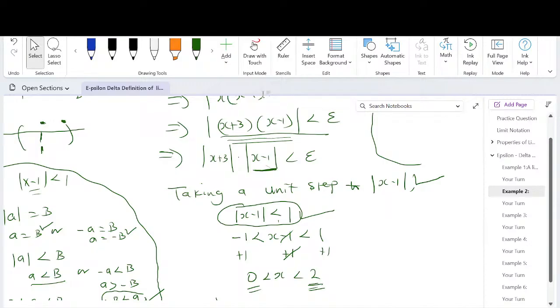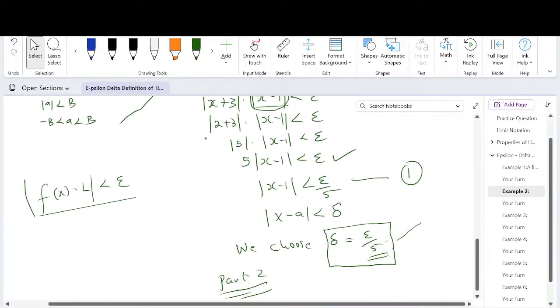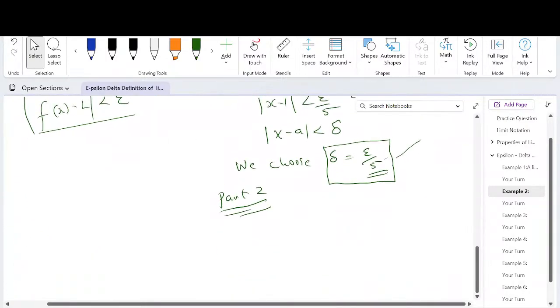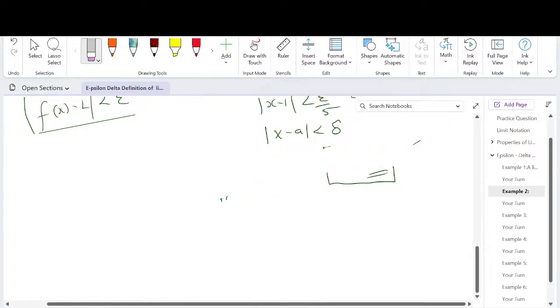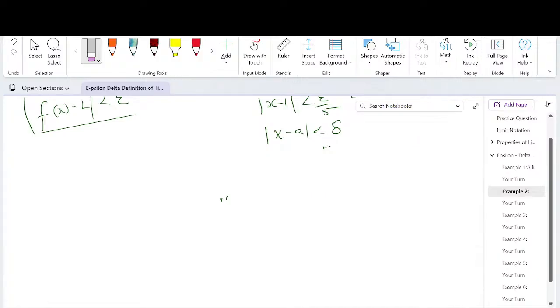Now there is something I could have written. I just remember that in the last question we took a new step to the absolute value of x minus 1.